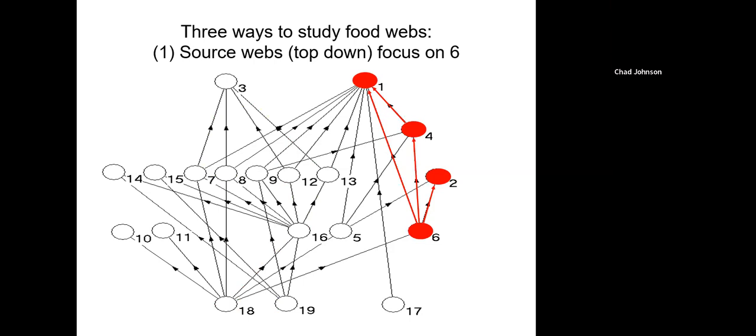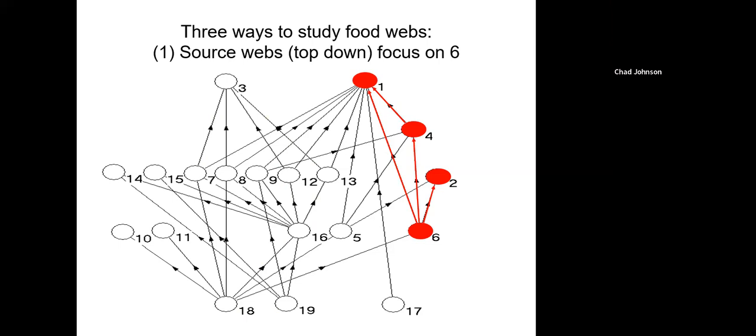If we wanted to know a top-down web of 16, we're focused low, and what we learn is that everybody here is affected, and that everybody that feeds on those guys is affected. So I guess if I really stretch my imagination, you could find indirect effects from both. But these are really bad examples that don't have as many.